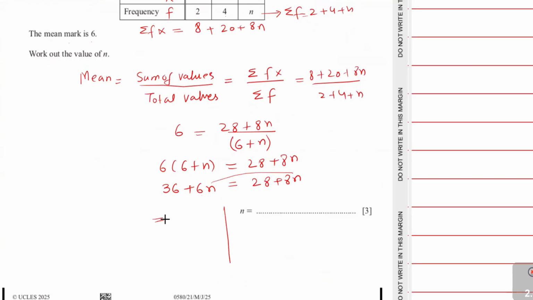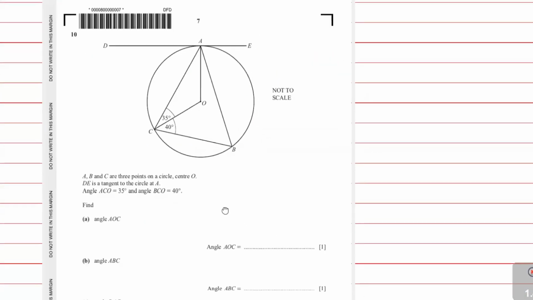We get 8n minus 6n, and this is 36 minus 28, and this value would be equal to 8 equal to 8n minus 6n, and this will be 8 equal to 2n, and n will be equal to 8 over 2 is 4, and therefore n equal to 4. This is the answer. Now next question 10.